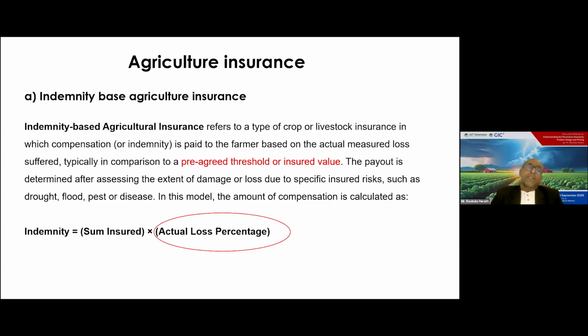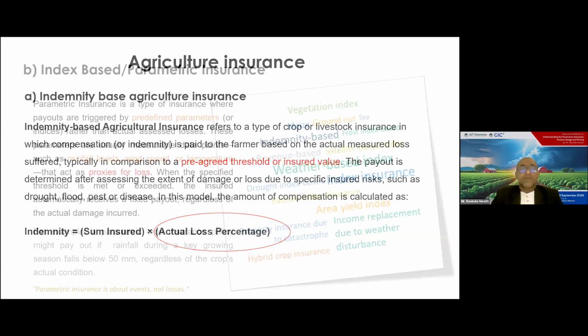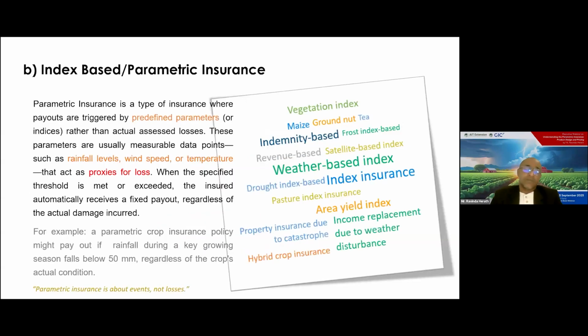Right. So to avoid all these circumstances, all these challenges faced in indemnity-based insurance, the solution of parametric insurance came into the field to answer the challenges faced by indemnity.